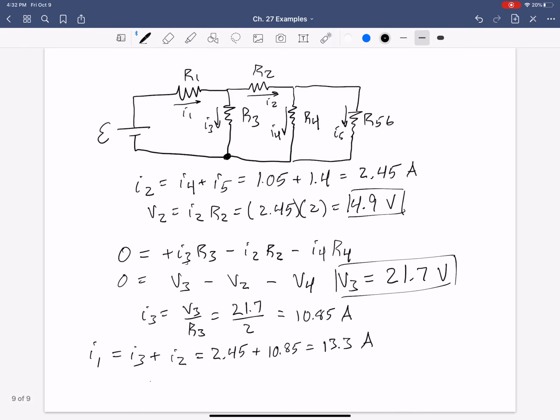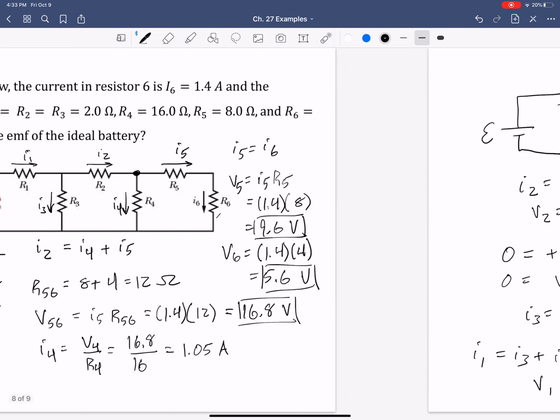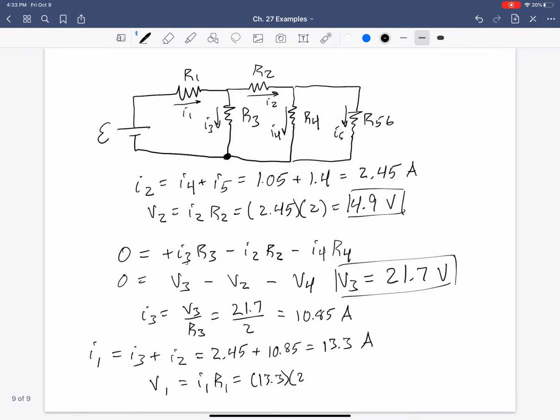And now we can get the voltage again. It's that 13.3 times the value R1, which is 2, I'm pretty sure. 2, yep. Which is 26.6 volts.